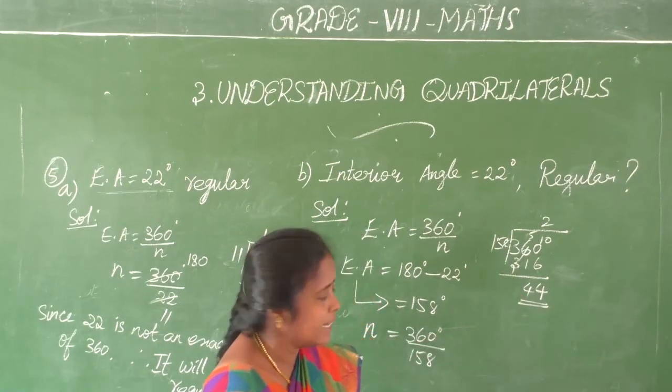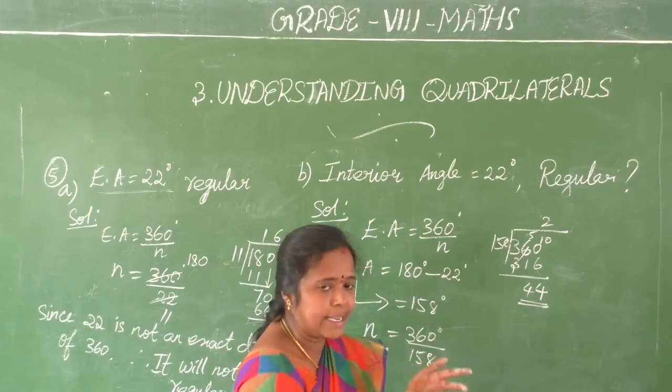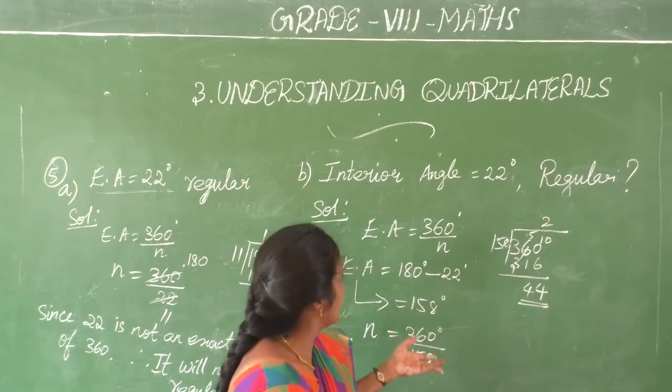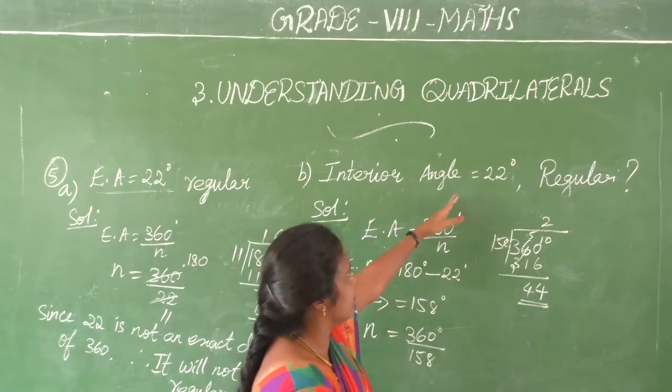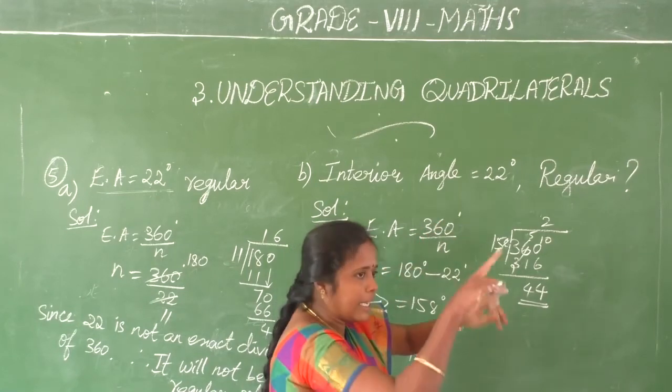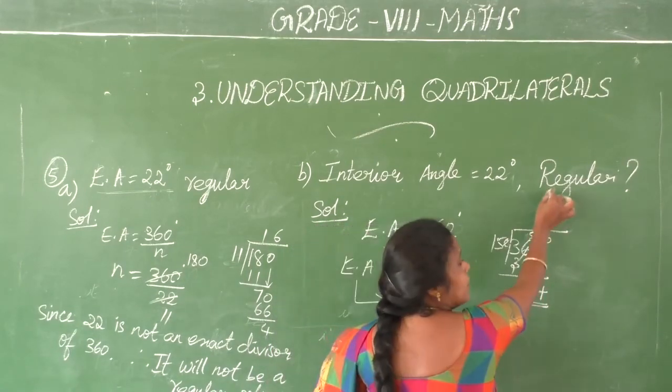So we can decide 158 also is not an exact divisor of 360. Therefore, when the given interior angle is 22 degree, the polygon will not be regular.